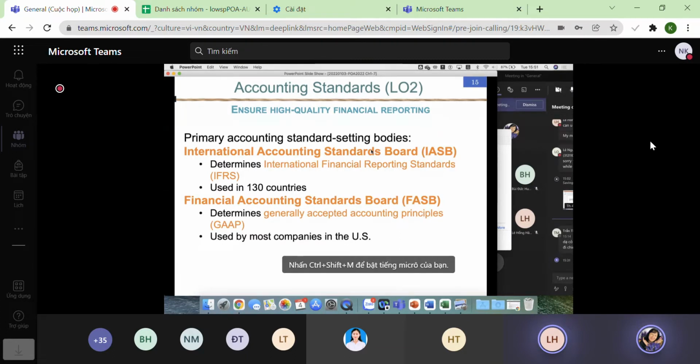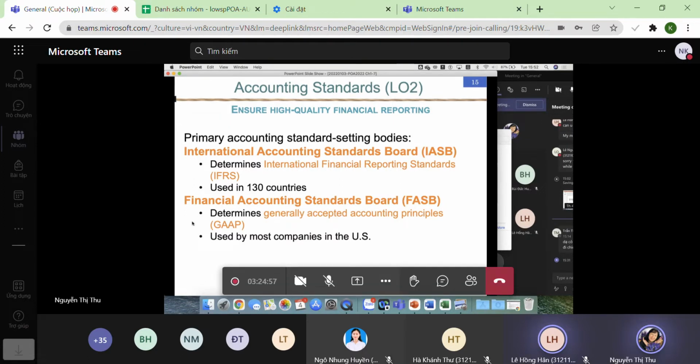The first one is the International Accounting Standards Board, in short IASB. This organization set up the International Financial Reporting Standards, in short IFRS.